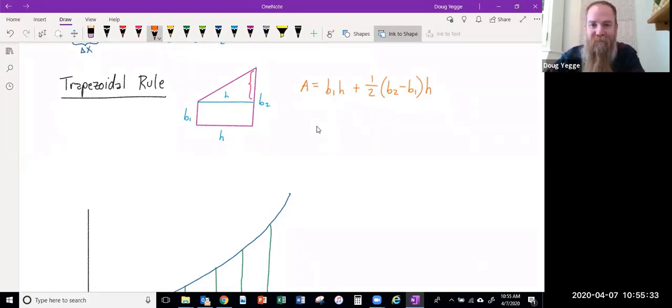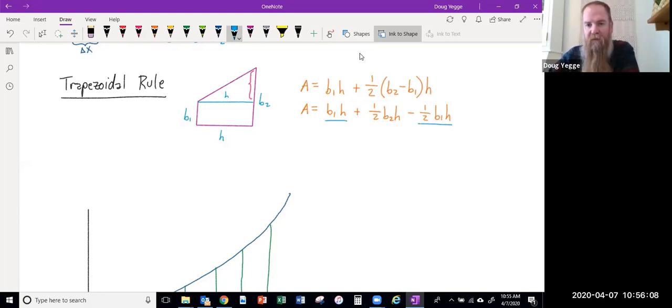All right. So if I were to now distribute this through, let's go ahead and get another formula for this. So we get B1H, and then over here we get 1/2 B2H, and then we get minus 1/2 B1H. No, that's not B squared H, it's B1, B2. Okay, well, if you take a look at this now, you can see that B1H and minus 1/2 B1H are like terms.